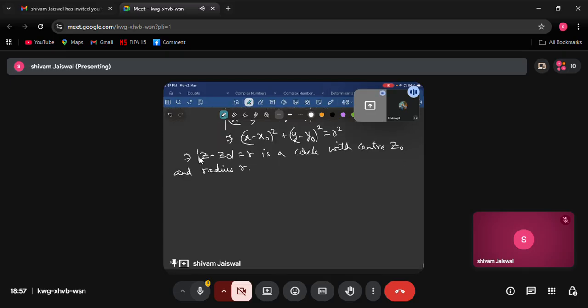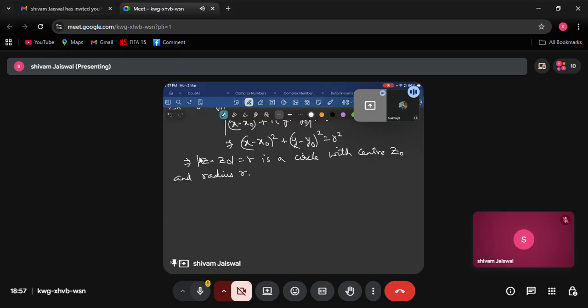So everyone, let us do some problems. Locus based problems are very important in complex numbers. Okay. If you see PYQs, you will understand. Okay. So understanding the locus from the given equation. Okay. So everyone try this out.